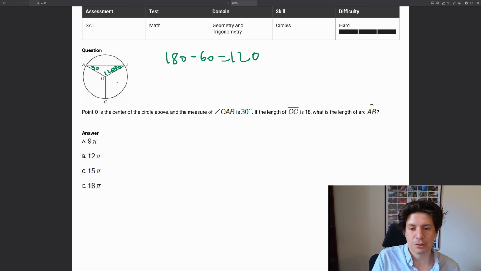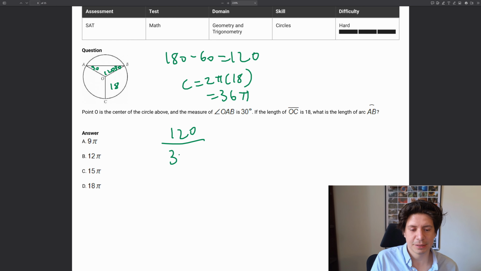Okay, so if the length OC is 18, that means circumference equals 2 pi times 18. It's going to equal 36 pi. Okay, what is the length of arc AB? We do proportions. 120 over 360, right, because the total was 360 degrees, equals x over 36 pi.